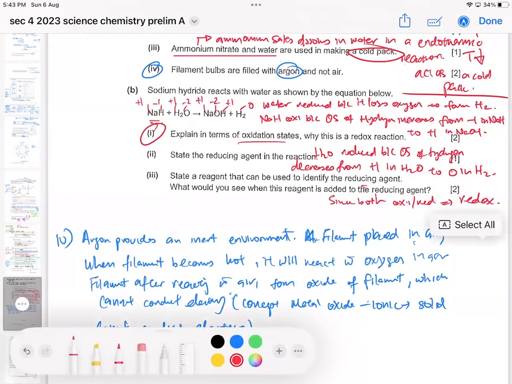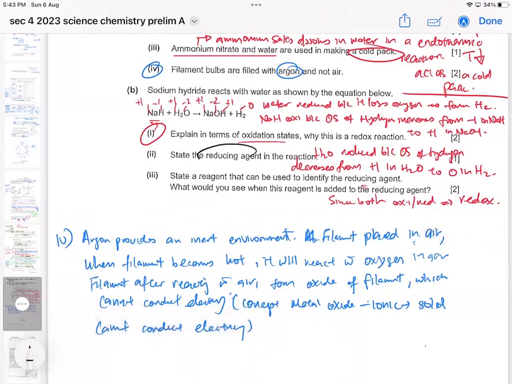Okay, next, reducing agent. The reducing agent is the one that is oxidized. You can see that the one that's oxidized here is NaH. NaH has been oxidized. So the reducing agent is NaH.